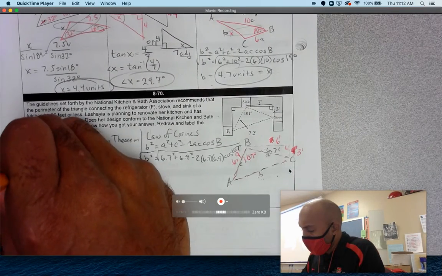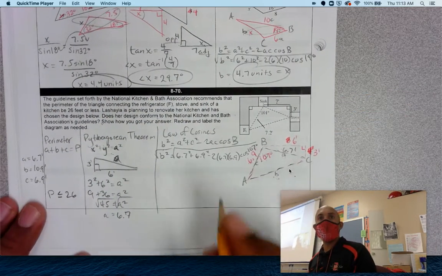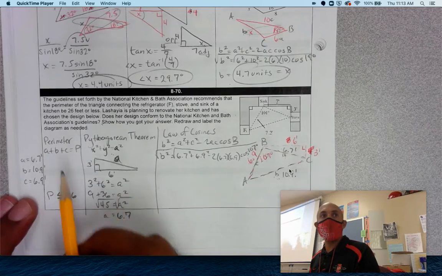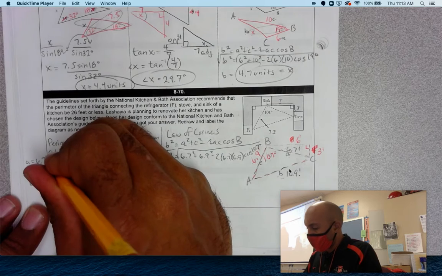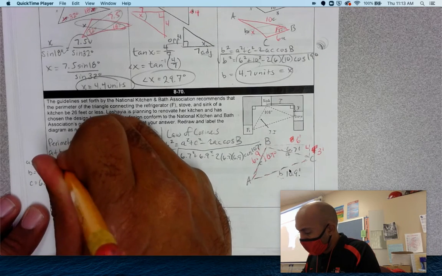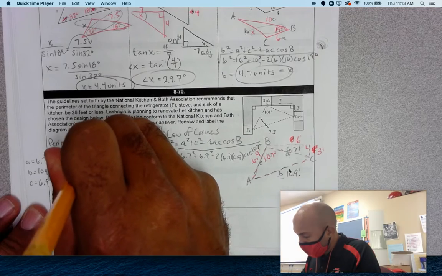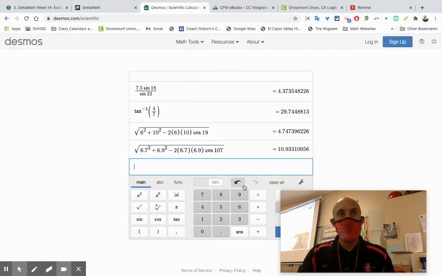And make sure rounding is good too, because once we get the perimeter, it could be pretty close. So let's add all these up now. Okay, so if I add all these up, 6.7 plus 10.9 plus 6.9, it's going to give us P. So let's add it up now. And see if we are equal to 26 or less than 26.